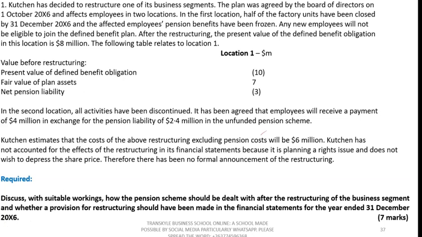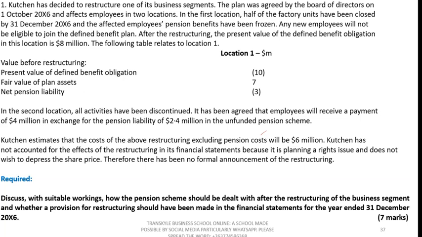Kuchen has decided to restructure one of its business segments. The plan was agreed by the board of directors on 1st October 2006 and affects employees in 2 locations. In the first location, half of the factory units have been closed by 31st December 2006, and the affected employees' pension benefits have been frozen.